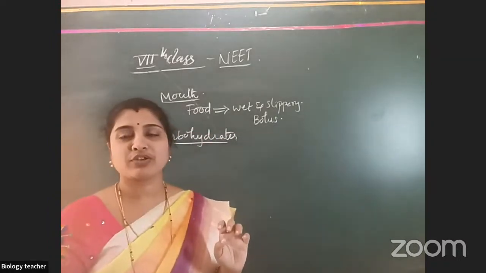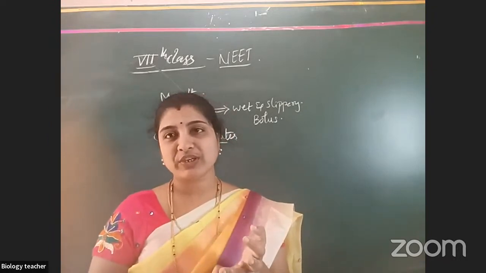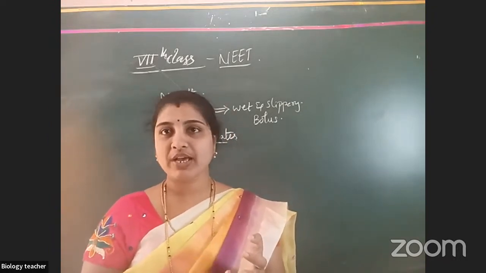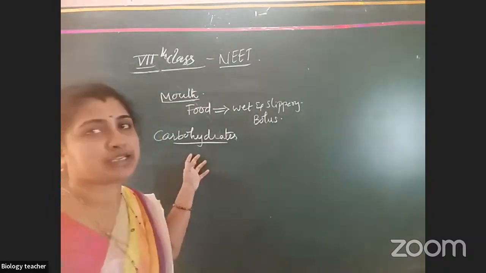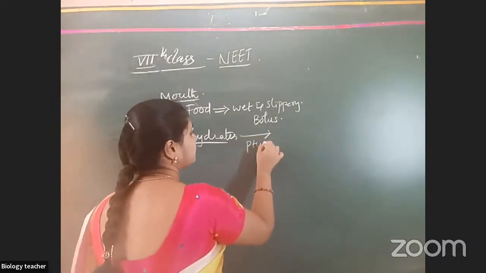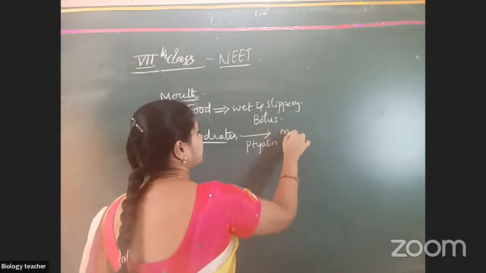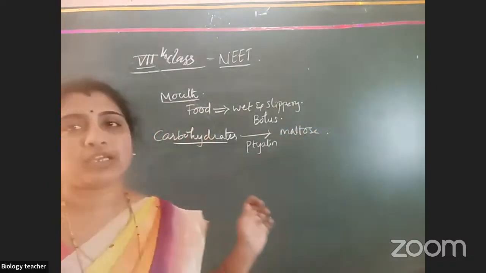We have nutrients, so you have studied carbohydrates, proteins, fats, minerals, vitamins, etc. So in the mouth, what is digested? Carbohydrates. Digested by which enzyme? Ptyalin. And this is changed into maltose. This is happening in the mouth.